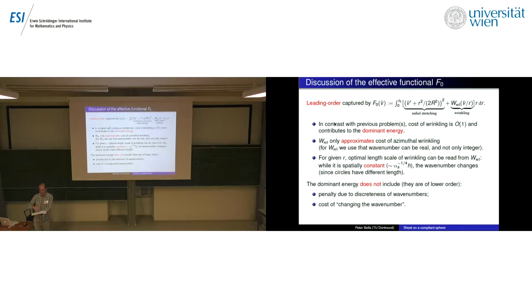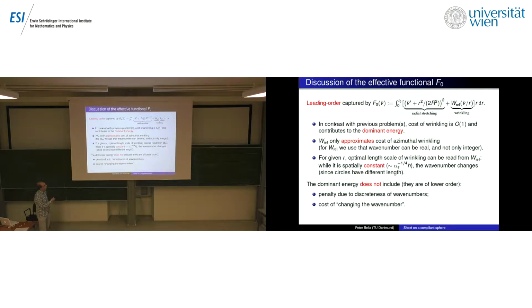If the length scale would be 1, and I have a circle which has length 10, that means I have 10 wrinkles. Then I go a little bit farther, and I get to a circle which has length 15, meaning ideally I would like to have 15 wrinkles. So the question is, how do we go from 10 to 15? That's not obvious, and of course it will cost some energy. So that will enter the next order.